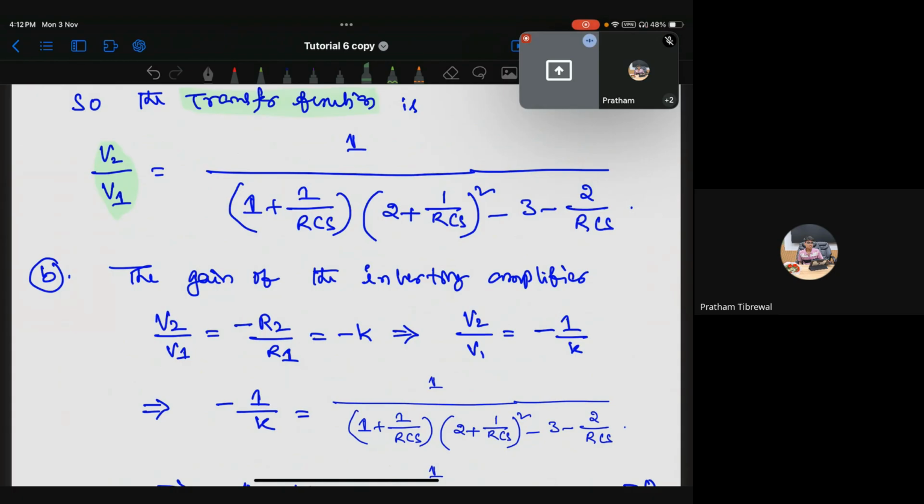Any doubts? Now, we know the gain of the inverting amplifier V2 by V1 is minus K, that is minus R2 by R1.